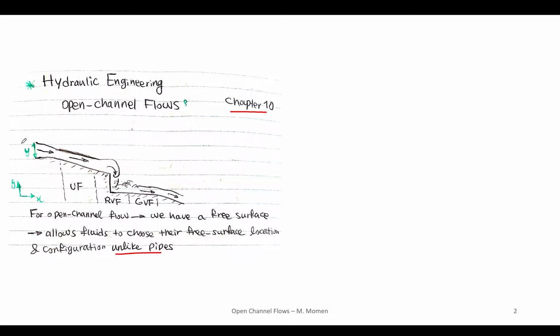But here we show, for example, the depth of the fluid with y, and it can vary across the channel, across x, and this is unlike pipes. So in pipes, we did not have this one free parameter. This might make the problems a little bit more challenging compared to pipe systems. Okay.